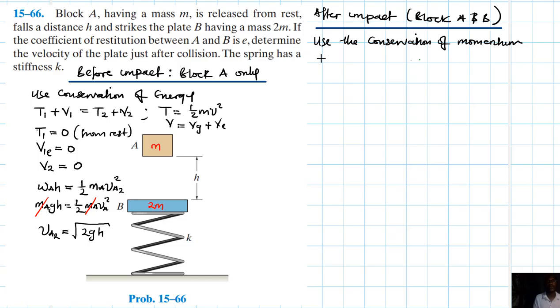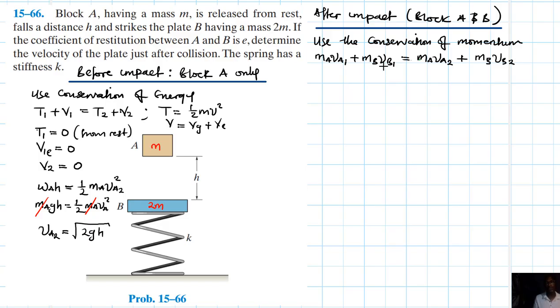So we have m_A v_A1 plus m_B v_B1 is equal to m_A v_A2 plus m_B v_B2.